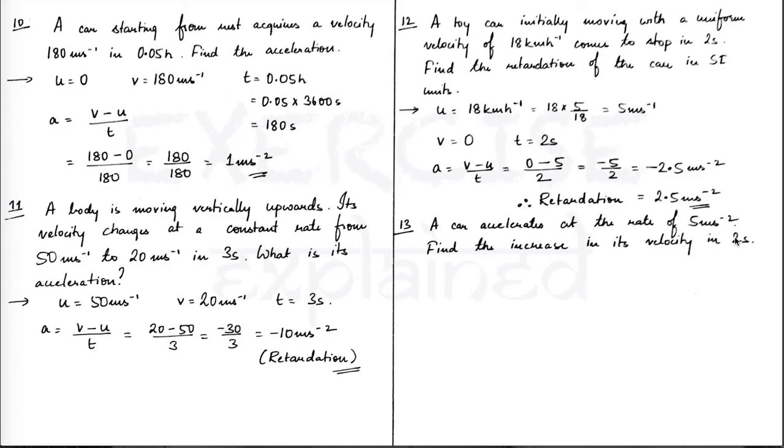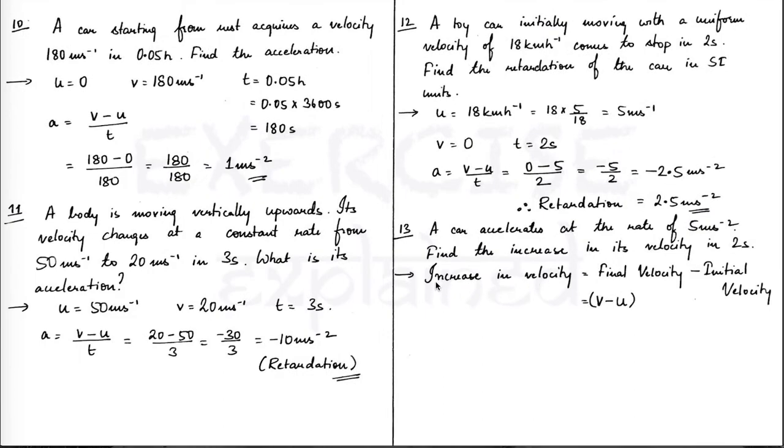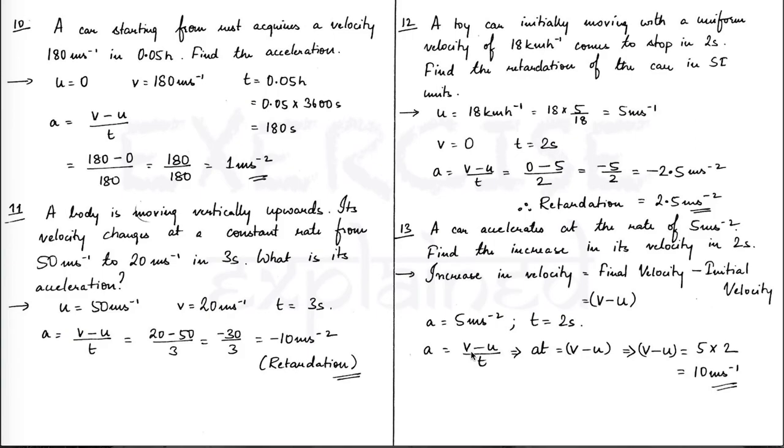See, change in something will always be measured by final minus initial. So here I can write increase in velocity is nothing but final velocity minus initial velocity, which can be written as v minus u. So we need to find the value of v minus u.